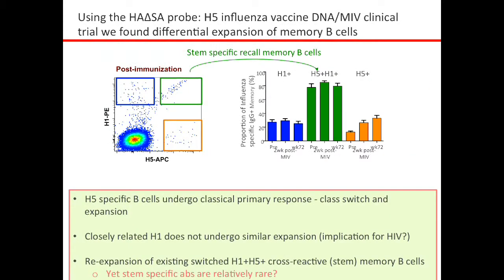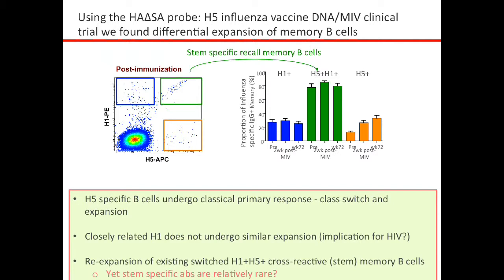So if we use our flu-specific probes again to characterize the B cells, and we use an H1 probe and an H5 probe, we see there's a population of H1 that we can detect, and it doesn't really increase throughout the H5 trial.